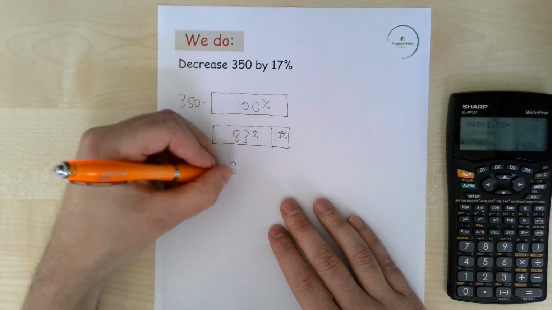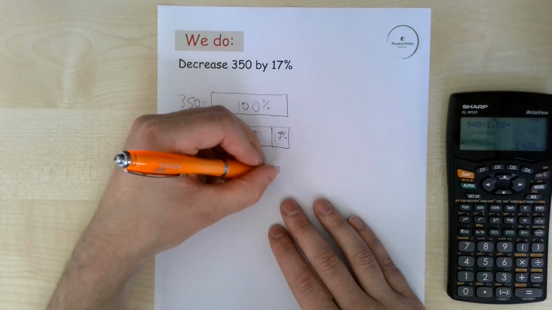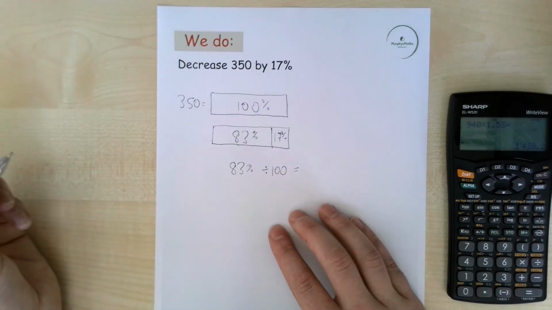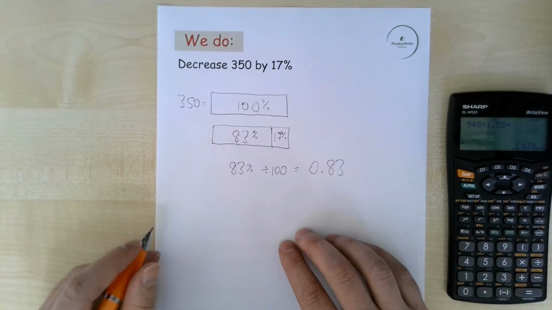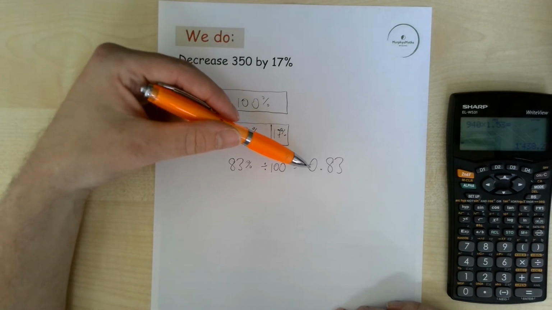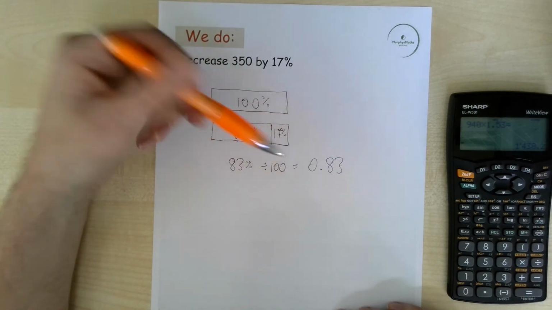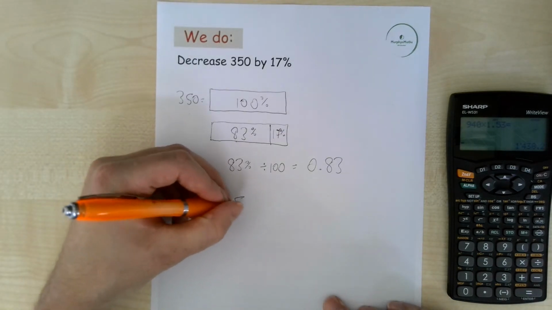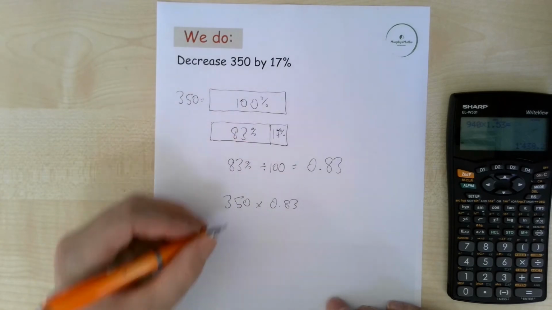Now this 83% I can write as a multiplier. It would be 0.83. And we should know already that if I multiply a number by something less than 1, it's going to decrease that number. So if I do 350 multiplied by 0.83, it will give me my very final answer.